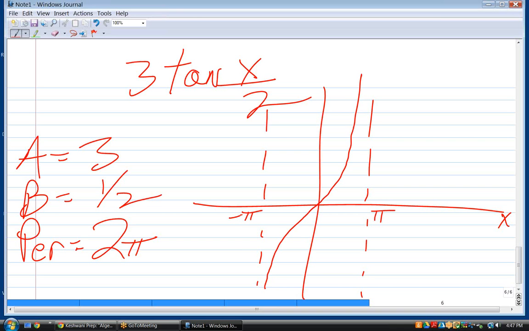Typically, the tangent goes from minus pi over 2 to pi over 2, which is a period of pi. So if I'm going to double my period, then I'm going to have to go from minus pi to plus pi. In other words, I'm expanding it horizontally by a factor of 2 when I do this.